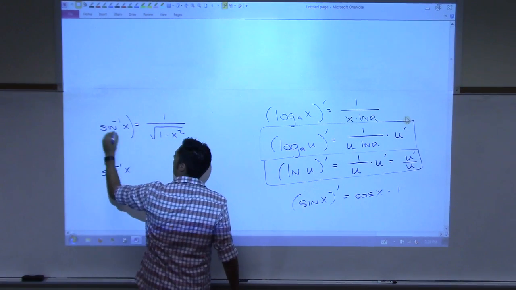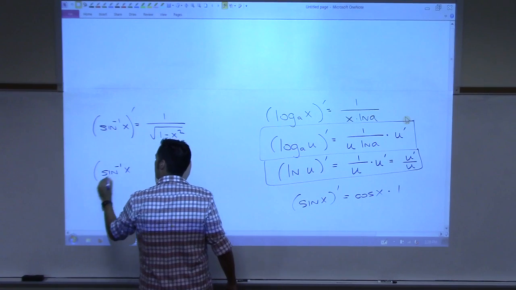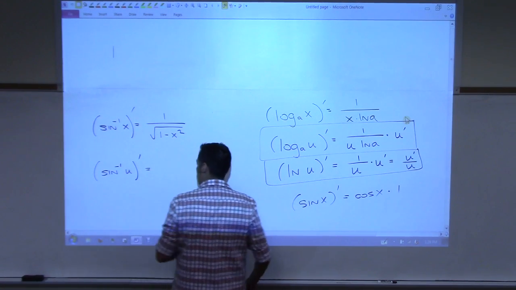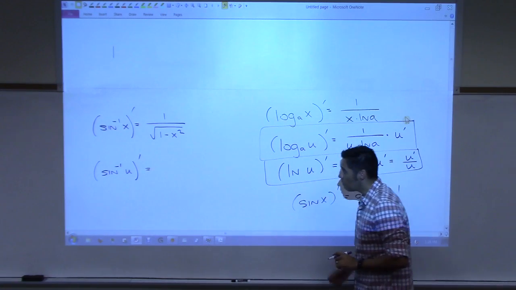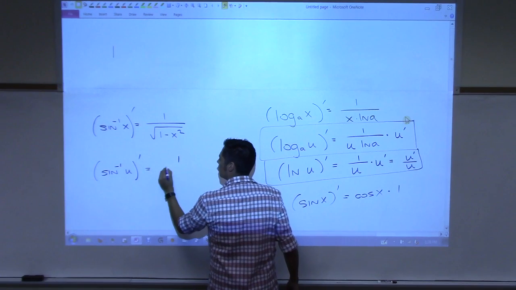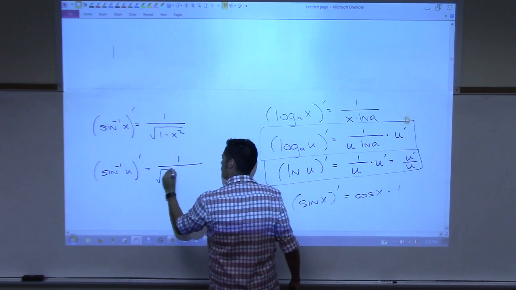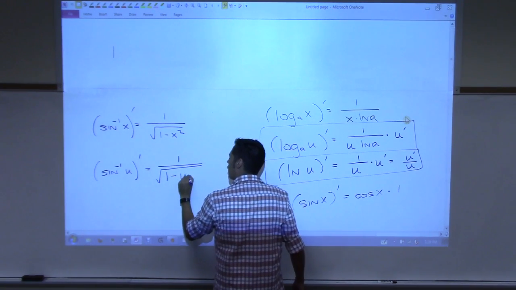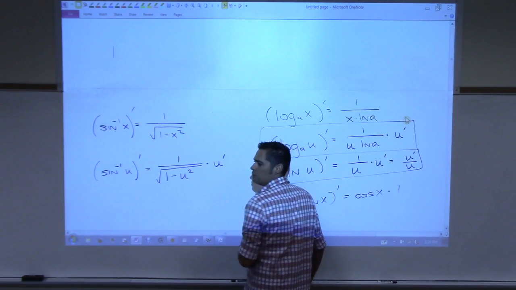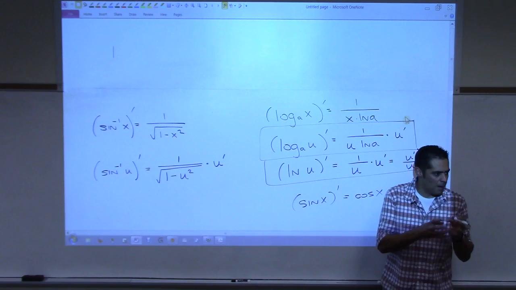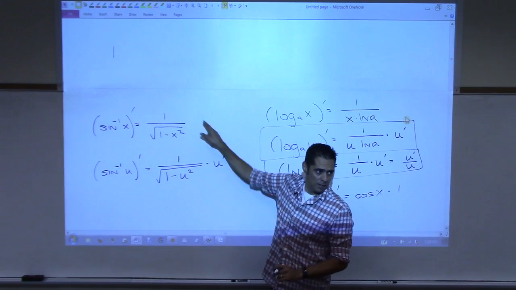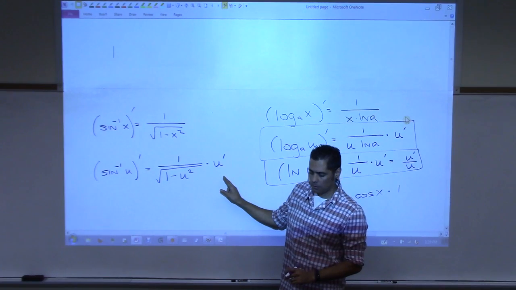Derivative of arc sine of u would be what? 1 over the square root of 1 minus u squared times, here's your chain rule, derivative of u. So there's that piece popping out again. That was a 1 up here, it is a u prime here.